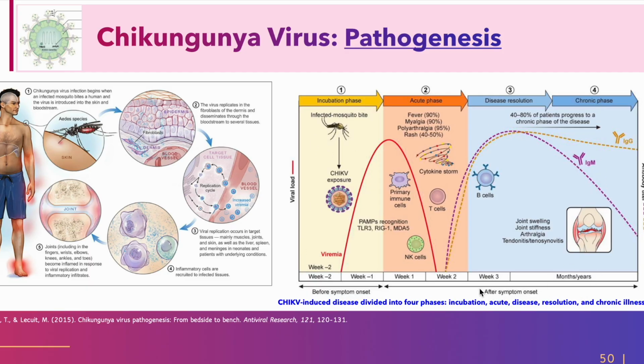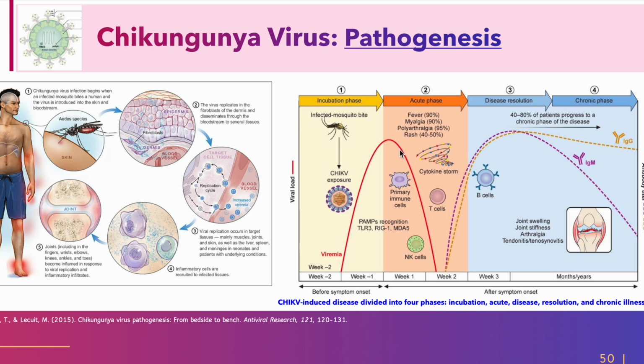So this graph shows you the incubation phase, the acute disease phase, and the chronic phase. The incubation period is about 1 week before symptom onset, so the viremia starts rising.